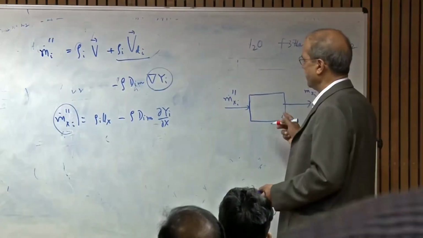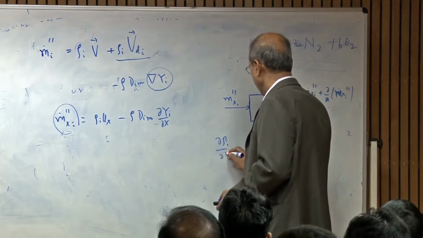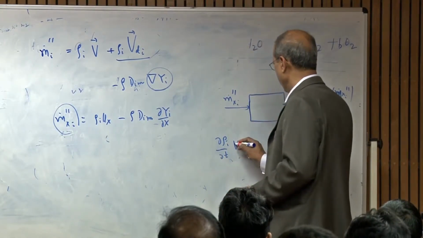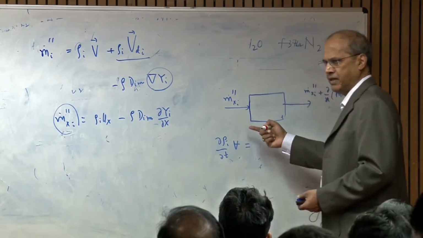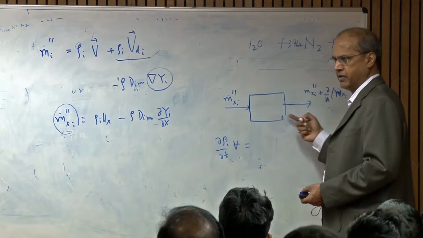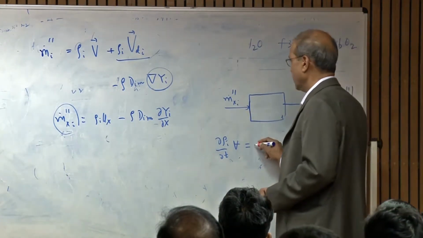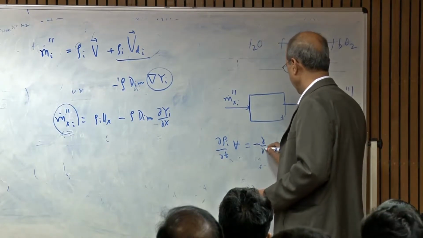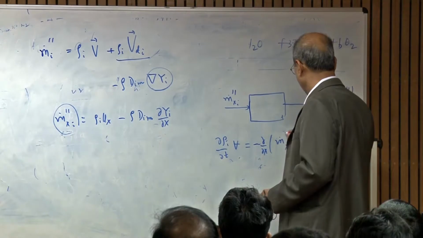And then the net, so what we are writing is di dt times the volume is equal to the mass flowing in minus mass flowing out. So this minus this. So that's why we get ddx of mxi double dot.